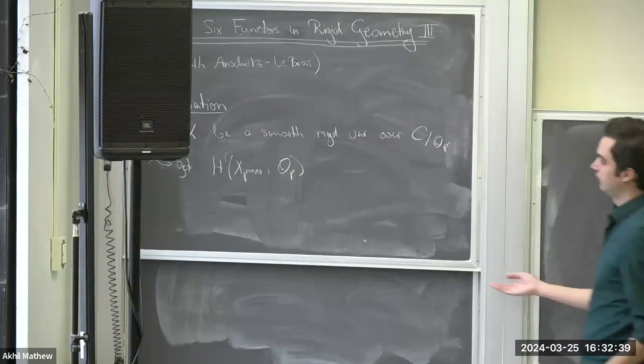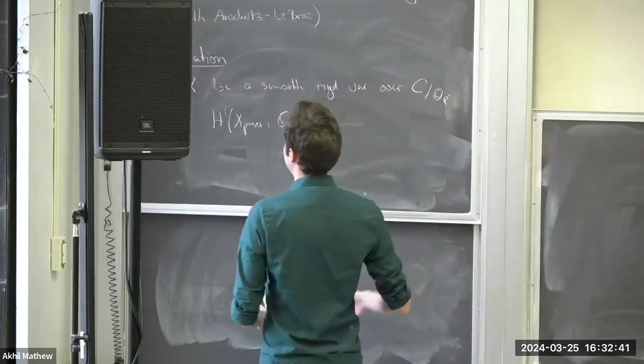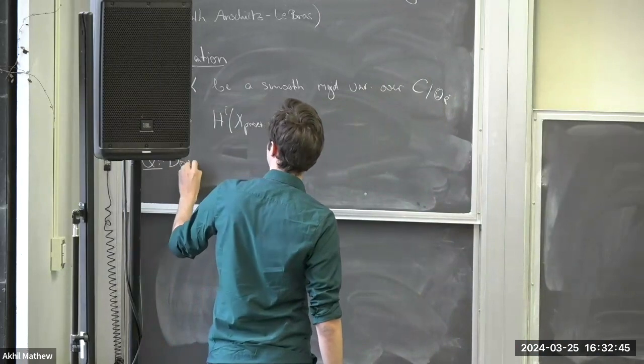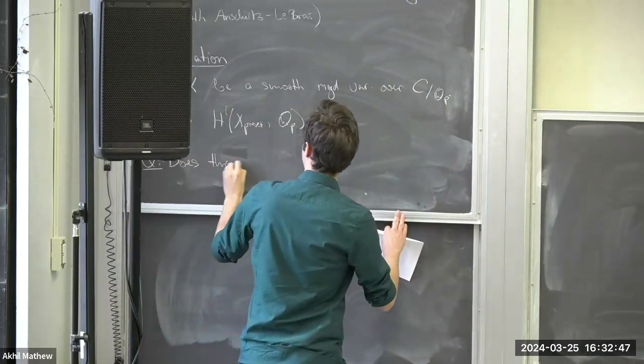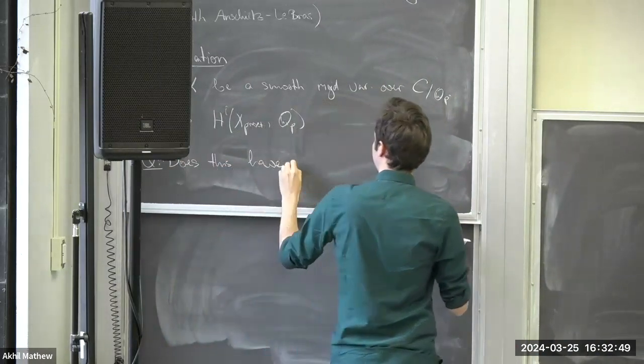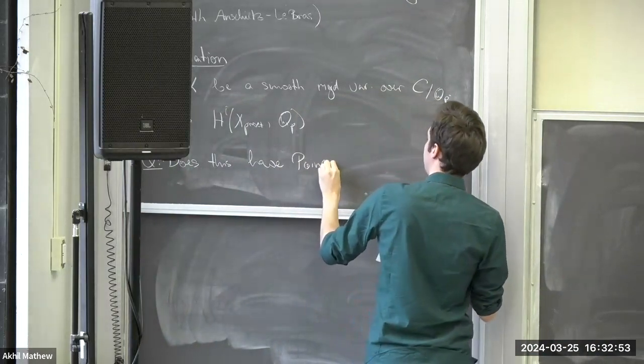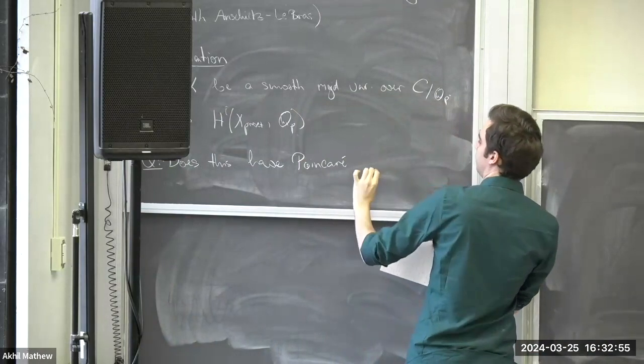Okay, and we can ask similar questions as before, right? So let's have, for example, Poincaré duality, or more generally, is there a functor formalism for this?